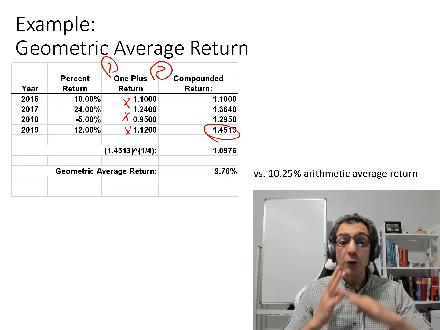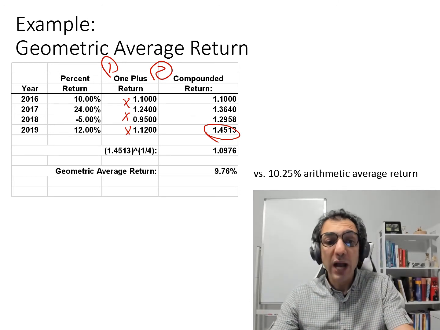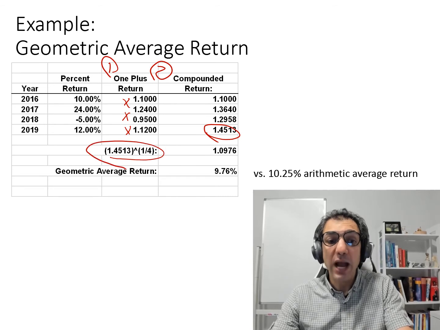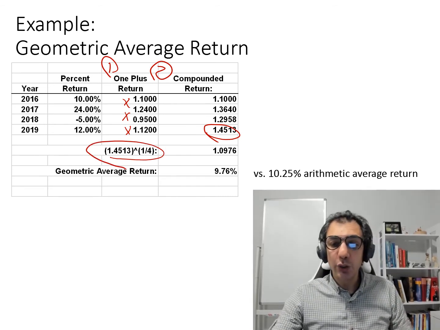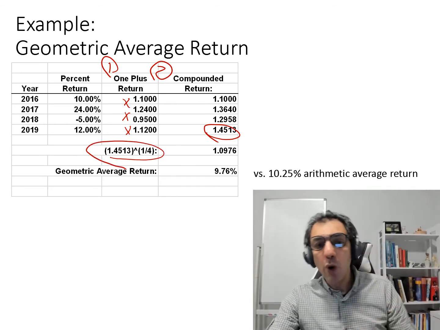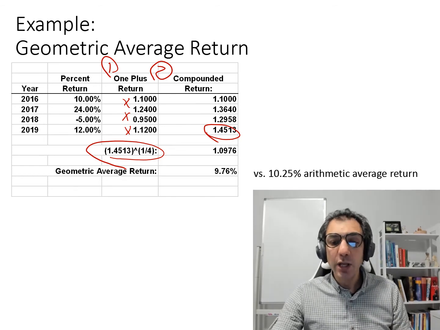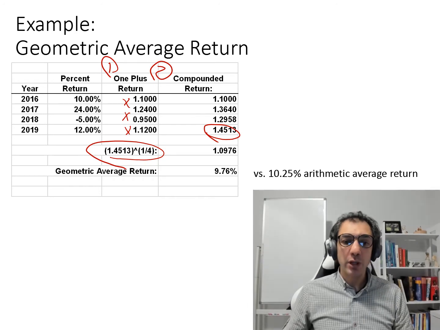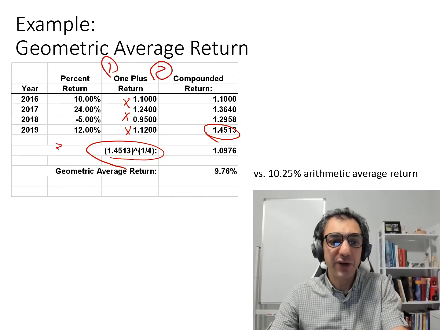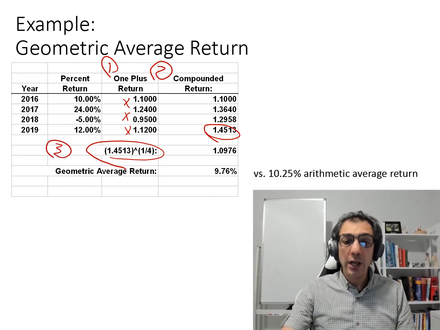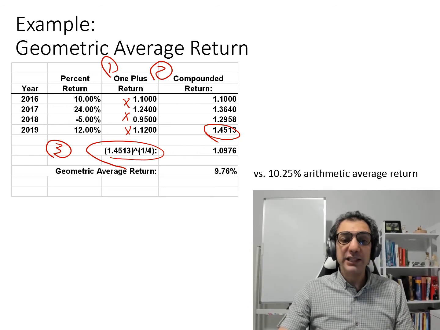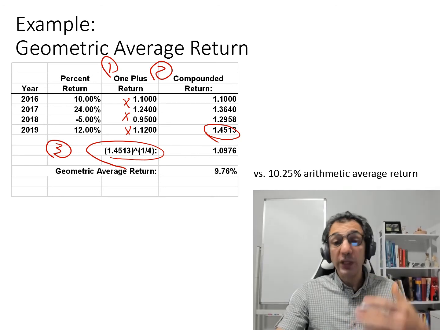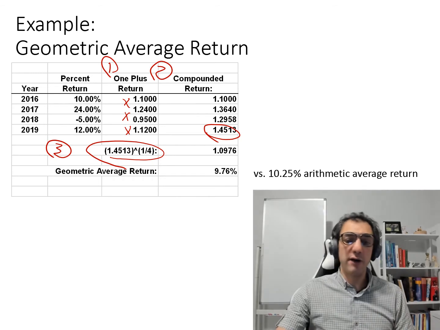Since this is for 4 periods, you raise 1.4513 to the power of 1 over 4. So it should be 1 over n. That's the third step: you need to find the root. And this is actually not the square root, it's the fourth root of the number.